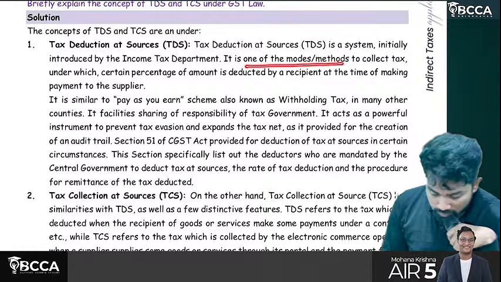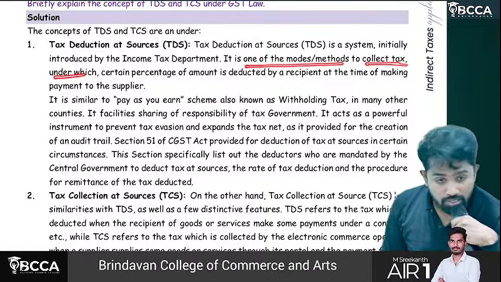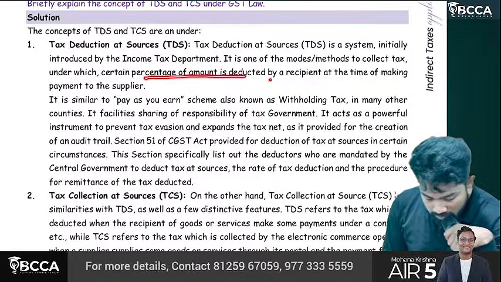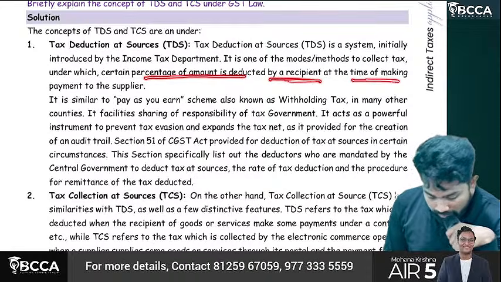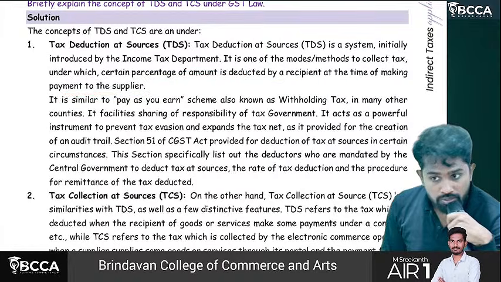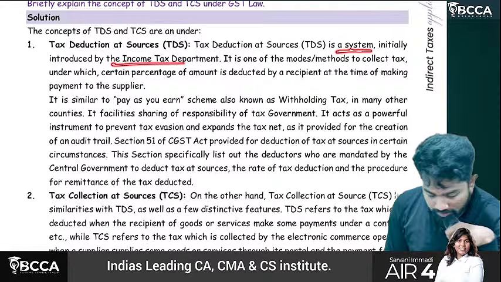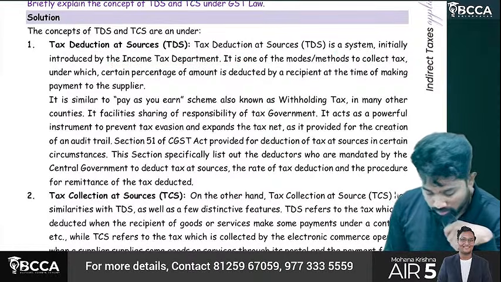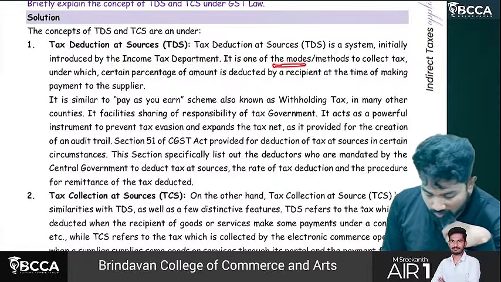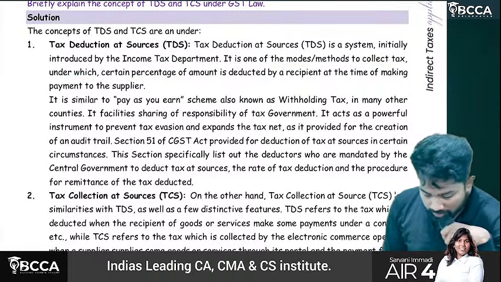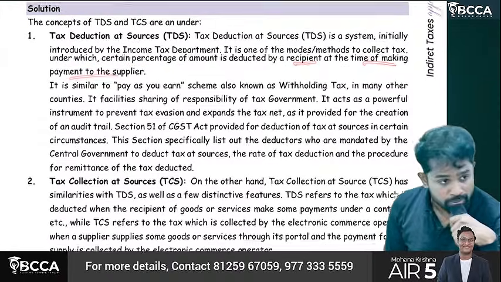It is one of the modes and methods to collect taxes under which a certain percentage of the amount is deducted by the recipient at the time of making payment to the supplier.